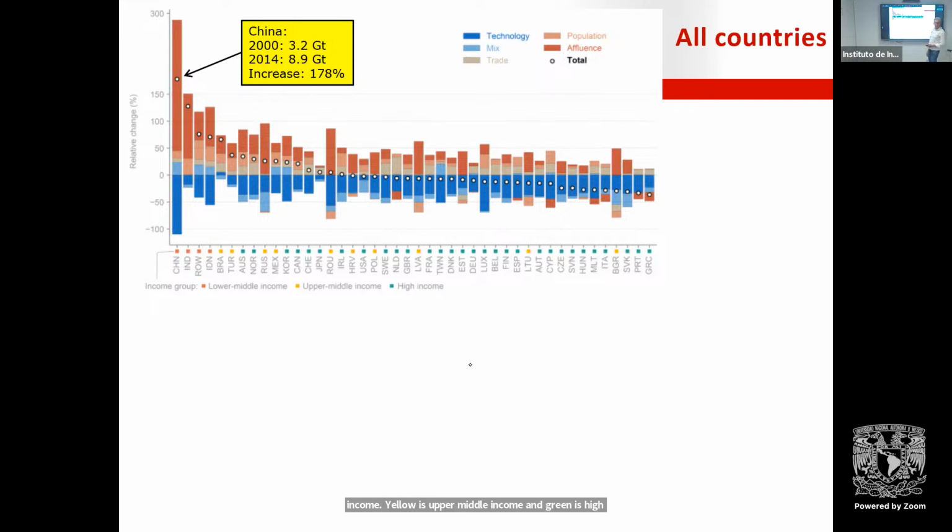And you already see that green is concentrated on the right, red or orange is on the left, and the yellow is scattered all over the place with a concentration on the left-hand side. Mexico, according to these numbers that came from the IMF, is listed here as an upper middle income country.